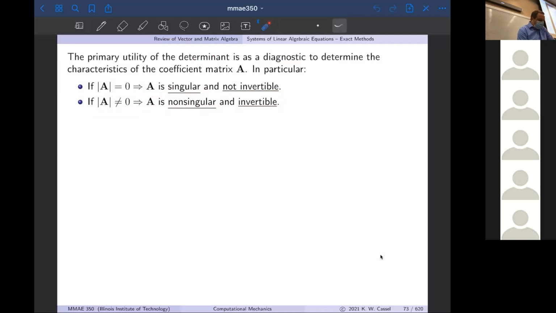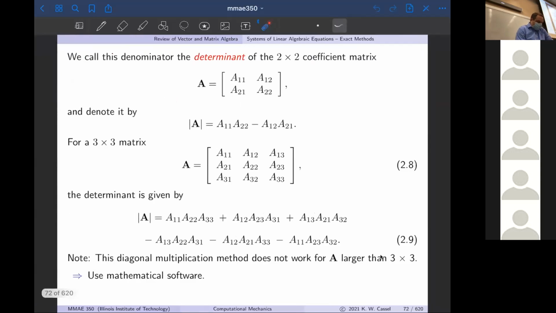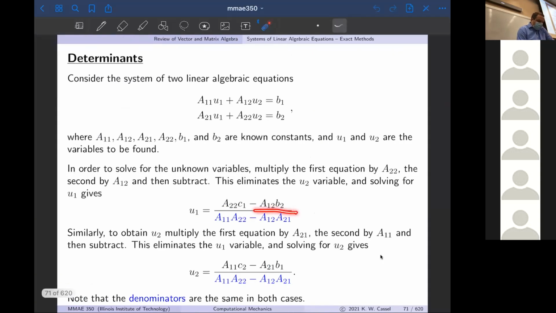This is the case that we're looking for in most situations involving solving systems of linear algebraic equations. Again, not always, but almost always. So the determinant is that diagnostic. Look what happens here. If the determinant was 0, you'd be dividing by zero, so U1 and U2 would be undefined because you can't divide by 0.